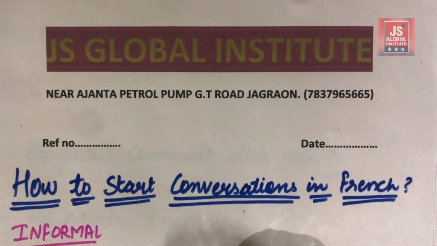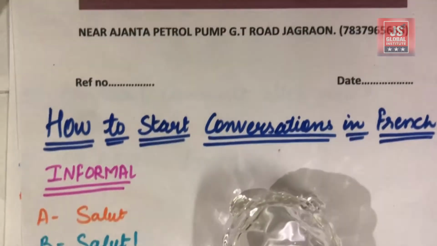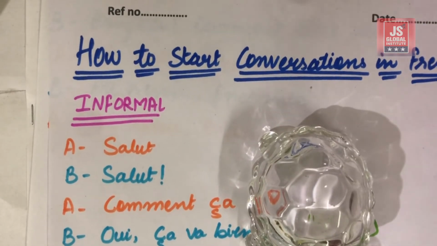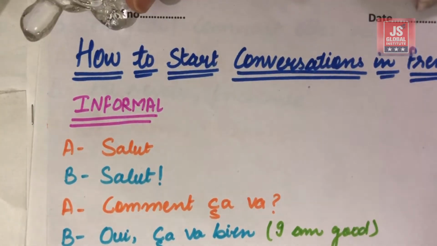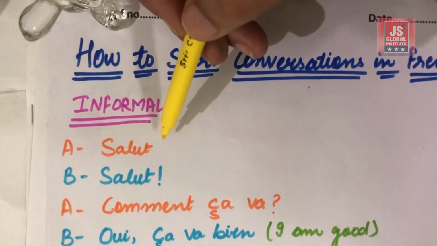In English as well, when we start informal conversation, we say hi, hello, and same is the case with French. So how to say hi, hello informally in French, that is salut. This is not salute, this is salut.